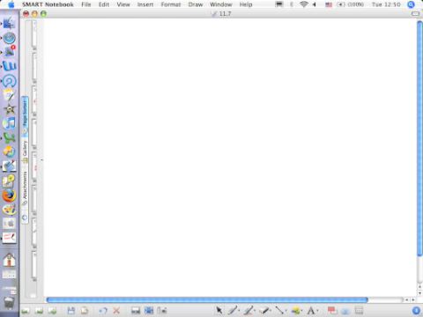Where he might say 1 inch represents 1 acre. Let's do it better. Let's say 1 inch represents 10 acres. If 1 inch on the map represents 10 acres on the actual land, what's the scale factor? 1 to 10.